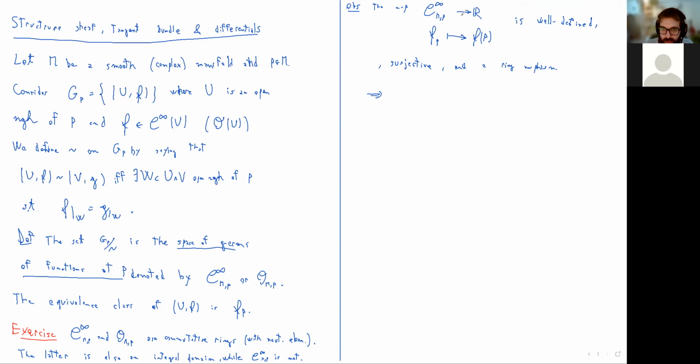So since R is a field, this also proves that m_P, which is the ideal of f_P in C^∞(M)_P such that f(P) is 0, is a maximal ideal.